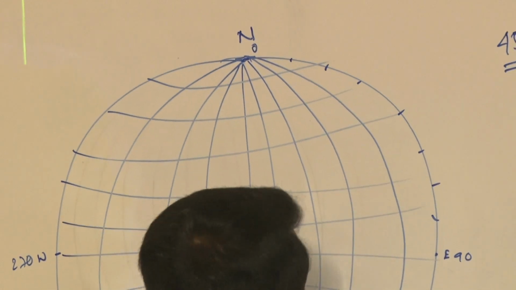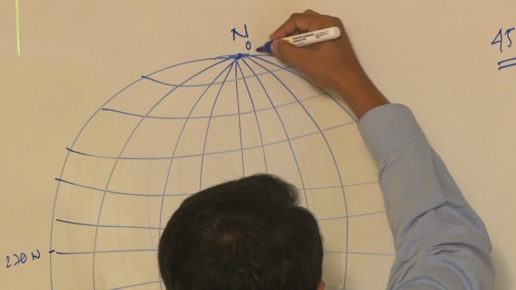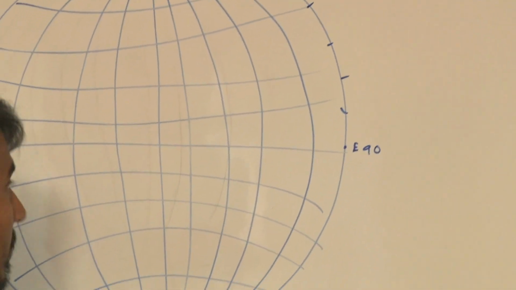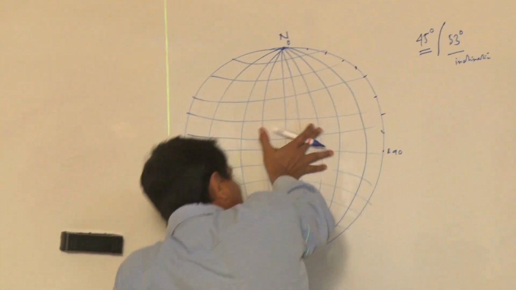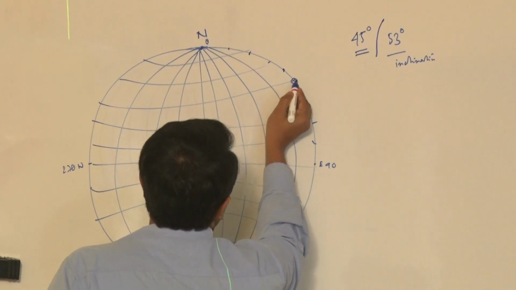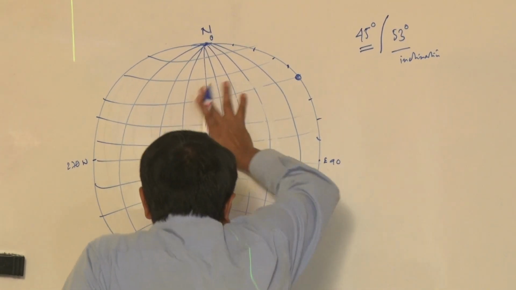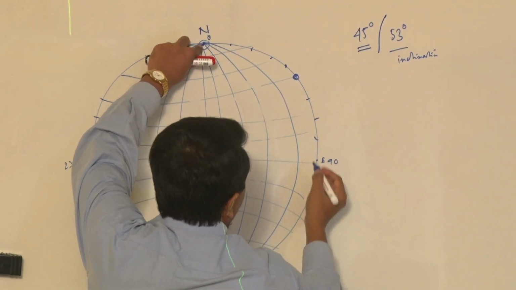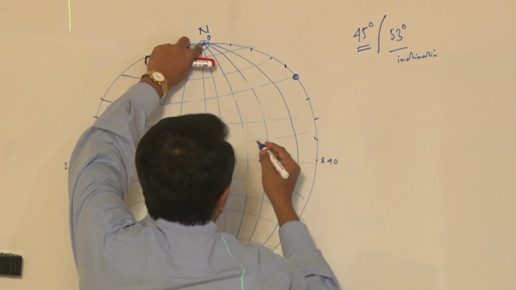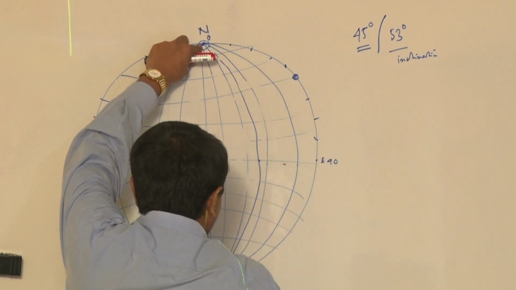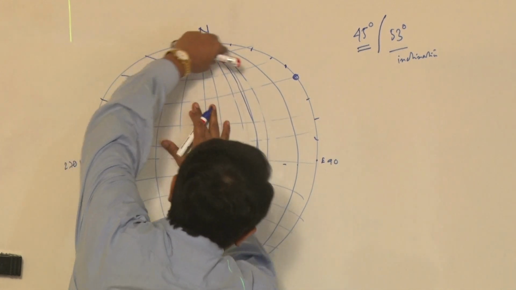So if it is 45, then I will come from north to 45, suppose here. Then I will rotate my transparent stereonet paper so this original north point comes to this point, then we count from the east 53, 1, 2, suppose this. Then along this line I will plot a line, then rotate back.